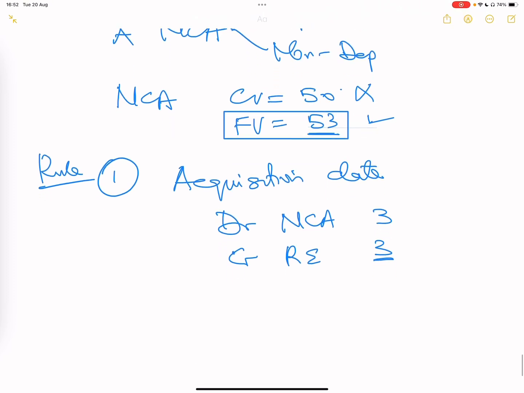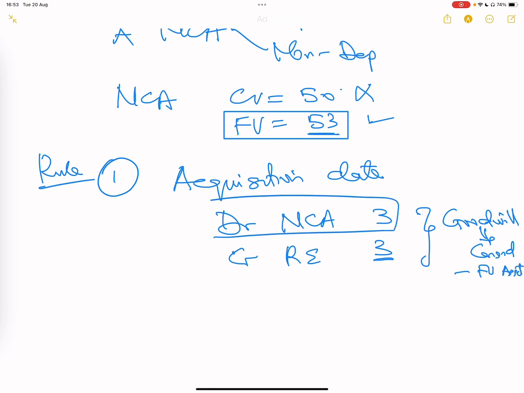And you can see that this adjustment is critical because you need this impact on goodwill. Remember, goodwill is consideration less the fair value of asset acquired. So net asset will have gone up by 3, and that will reduce the goodwill figure, right?